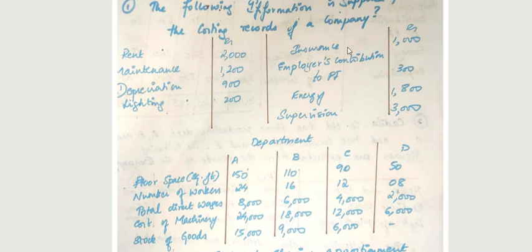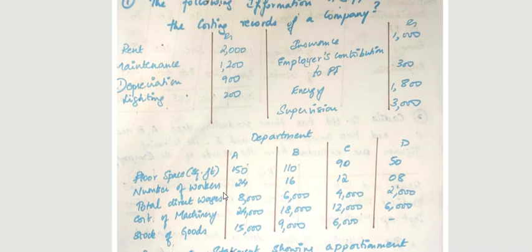Insurance can be apportioned based on stock of goods. Employees' contribution to fund will be apportioned based on direct wages which they have given. Energy can be based on cost of machinery, how much machinery is used. And supervision can be based on number of workers. So that is how you will apportion and calculate your answer.